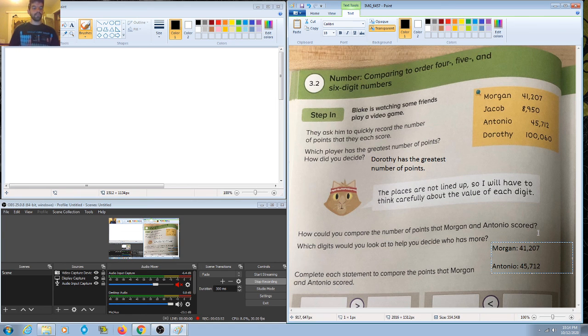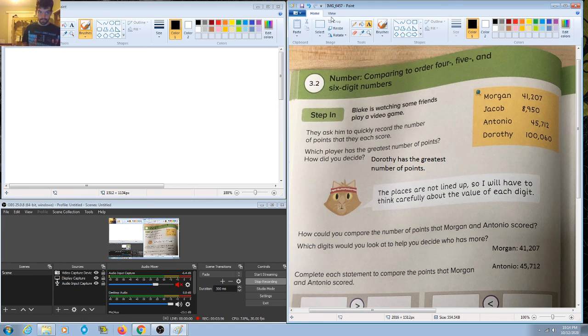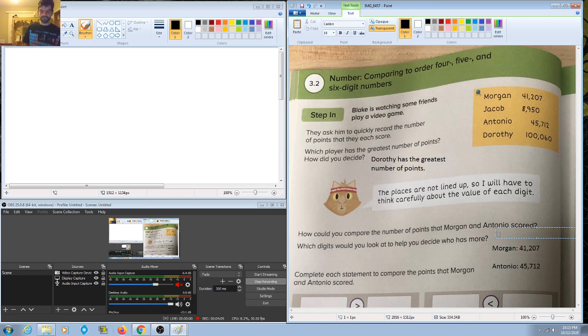Like we did in the last section, these are two 5-digit numbers. As you can see, in the 10,000s place, which is the 4 here and the 4 here, let me recall the place values: you have the 10,000s place, the thousands place, the hundreds place, the tens place, and then the ones place.